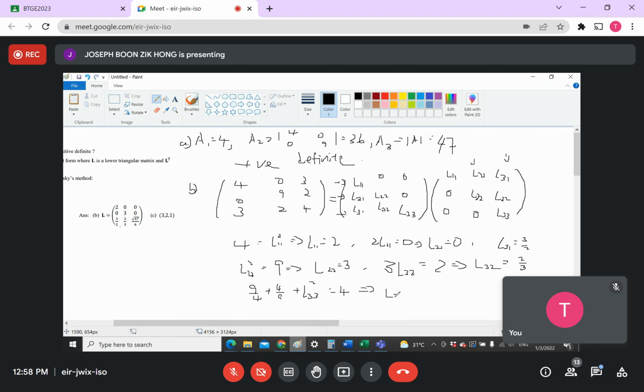So my L33 will be the square root of 4 minus 9 over 4, and then minus 4 over 9. So root 47 divided by 6. Okay, have a look.